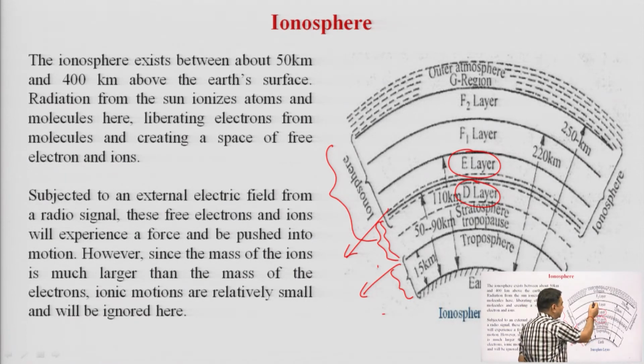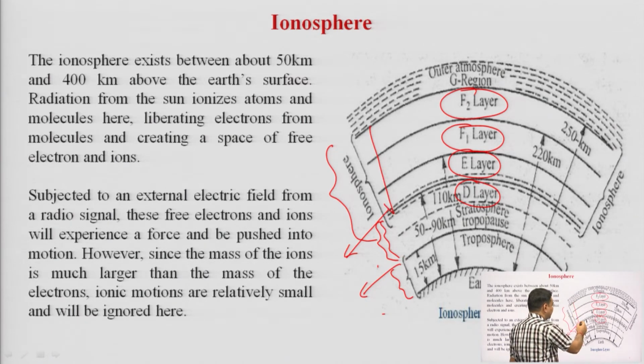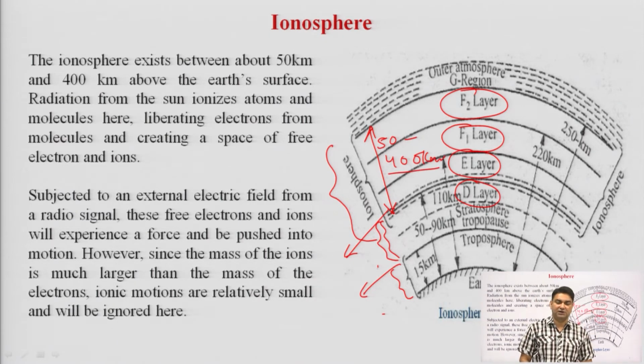The F1 layer is situated between 140 and 250 kilometers, and the last one, the F2 layer, is between 250 and 400 kilometers. This is the complete 50 to 400 kilometer range in the atmosphere above the surface of the earth.